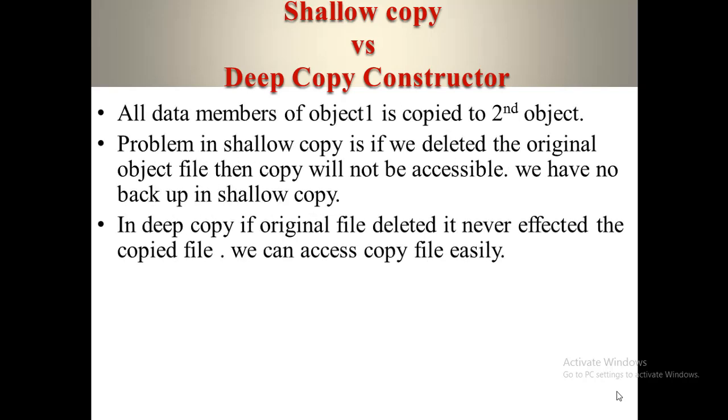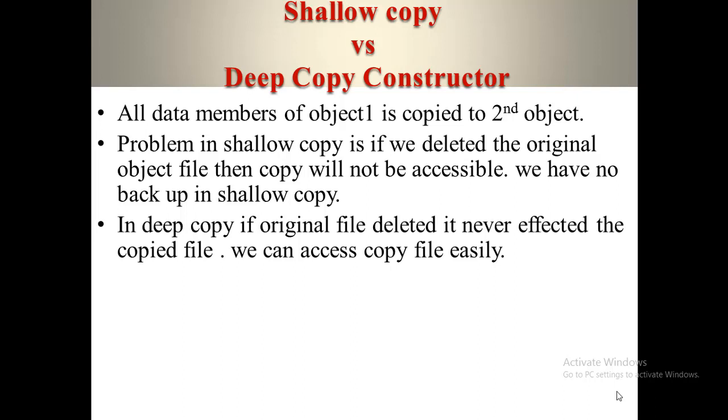So, shallow copy versus deep copy constructor. In shallow copy, all data members of object 1 are copied to the second object. We all know that the problem in shallow copy is that if we delete the original object, then the copy will not be accessible.